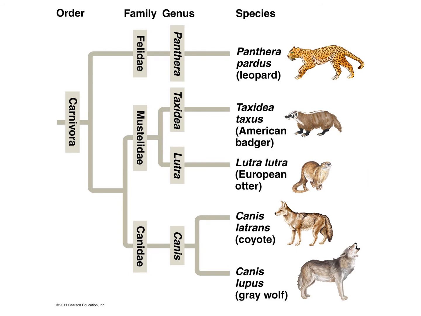So here's an example of how a tree meshes with the pre-existing classification system initially set up by Carolus Linnaeus, a Linnaean classification hierarchy.